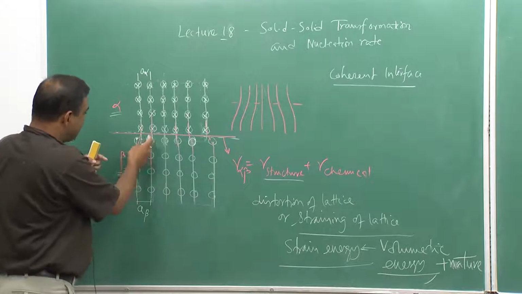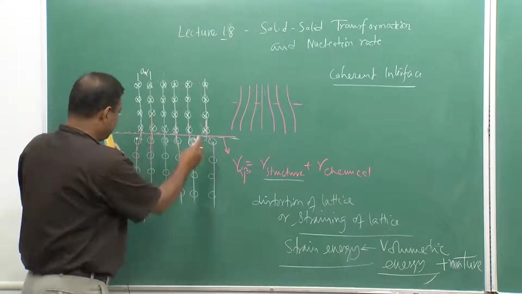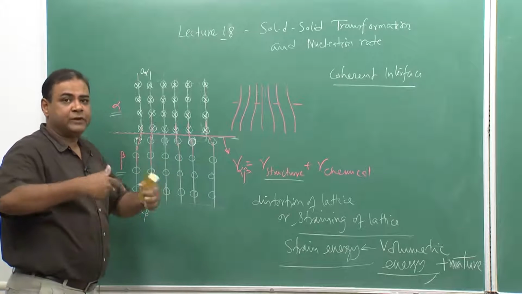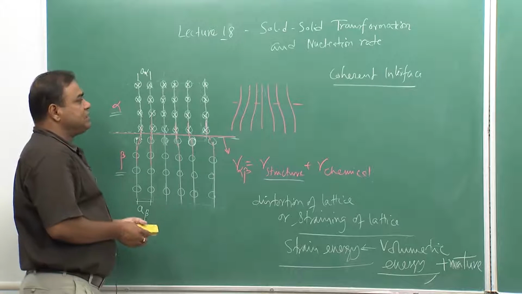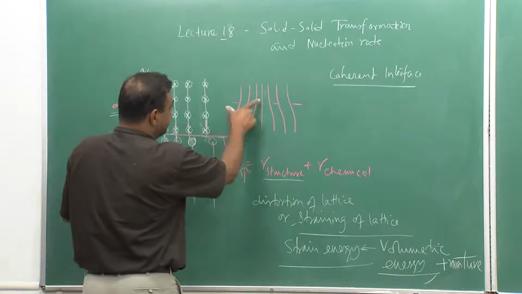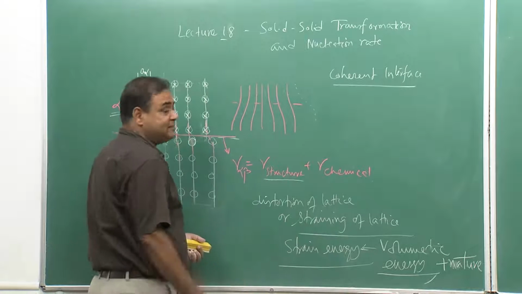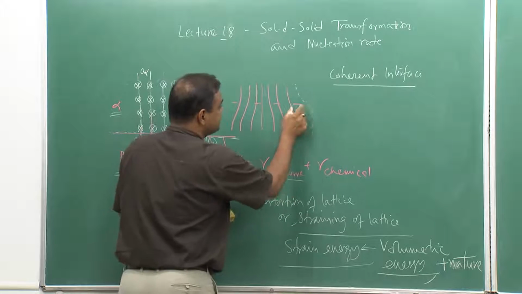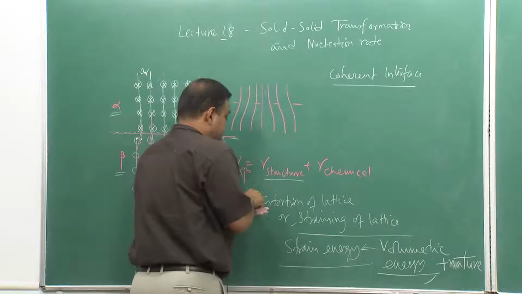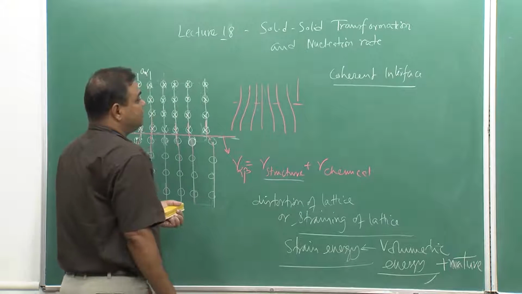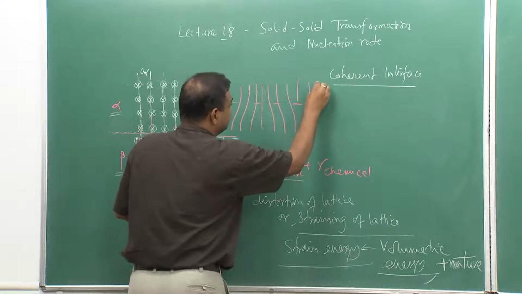Now, the situation would be different. Let us say we are having a match like this because of the straining of the lattice, but at some point of time this particular bending will not be allowed if it requires too much bending. So, that time it will create another situation which is called an incoherent interface. If further bending is not allowed, the lattice of the parent phase would not have anything below, rather it will start like this.